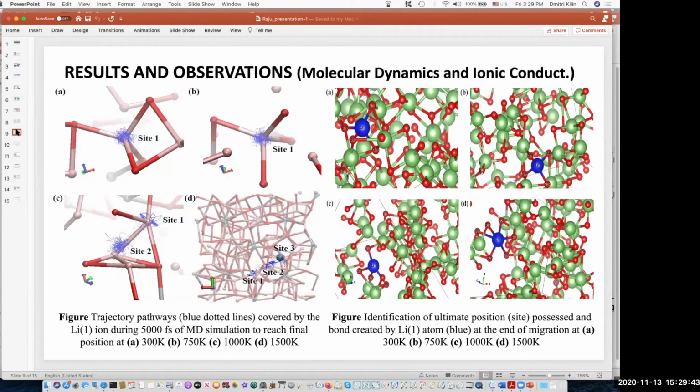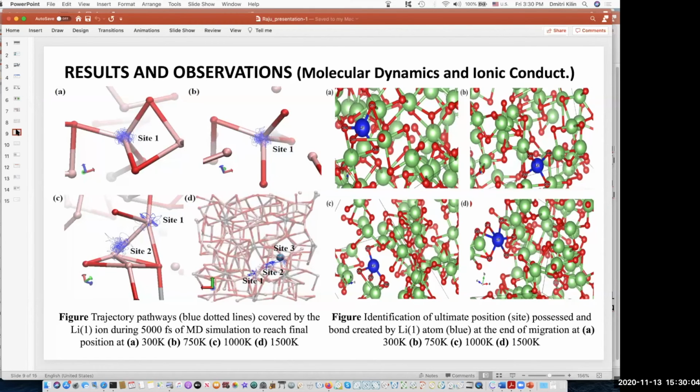On the right hand side, you can see the ultimate position of the lithium atom. At 300 Kelvin, you see four oxygen atoms connected to the lithium atom. That means it is in the tetragonal site.